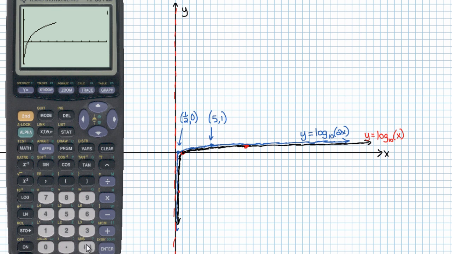Here's log of 2x, and now you're about to see there's log of x plus log of 2. Notice that as it traces it out, it actually is tracing out the same exact curve, very slowly for some reason, but it's tracing out the same curve. So they are the same function. The curves represent the same thing.